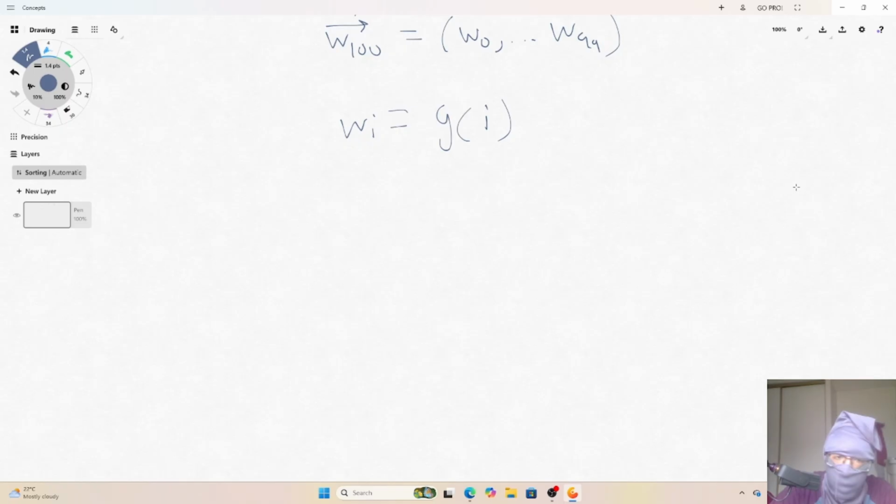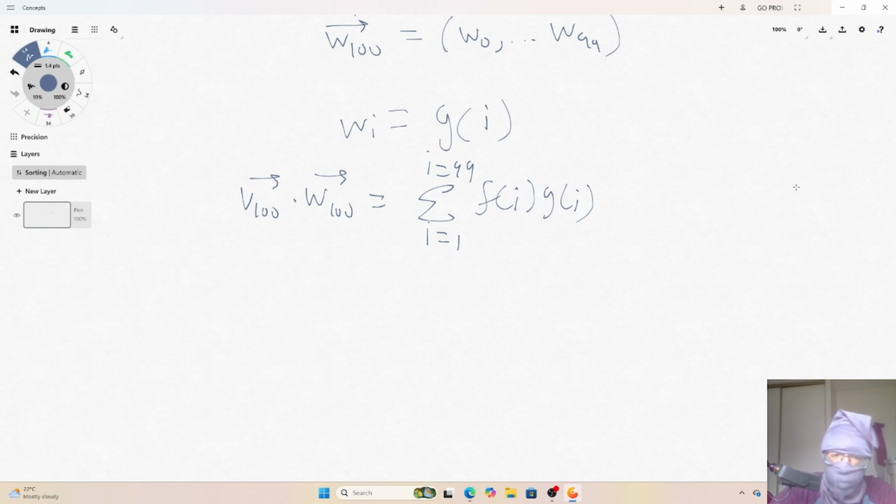So when you take the inner product between those two vectors, it will be given by, so you can see something that's starting to happen.